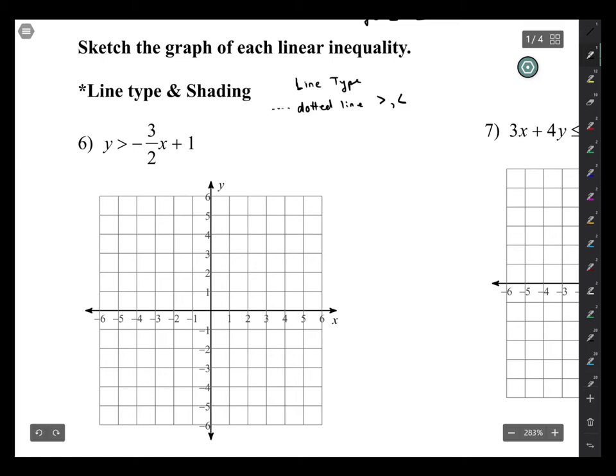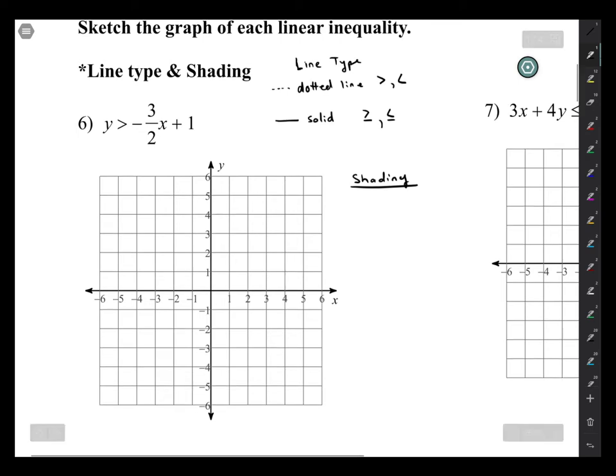You're going to attach points with a solid line if there's the equal to, greater than or equal to, or less than or equal to. That's your first decision. Shading, I will show you a little trick for that when we get into it.